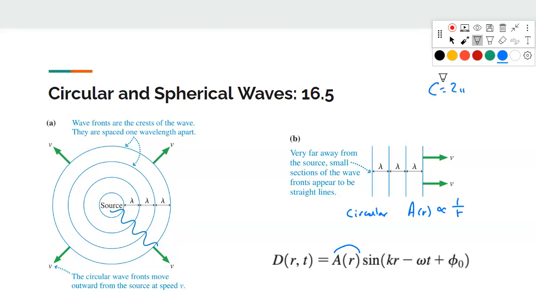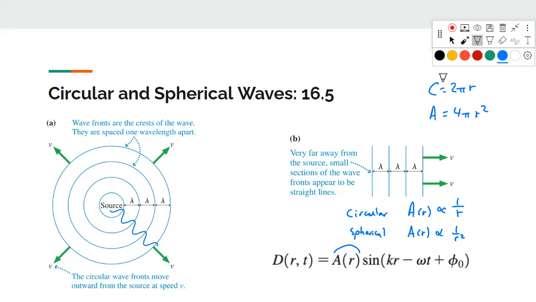And so the energy has to spread out over that circumference, bigger and bigger circles as the wave spreads out. And so you'll lose energy that way. Whereas for a spherical wave, like sound waves generally are, our A of r is proportional to 1 over r squared, because the area of a sphere, like I said, is 4 pi r squared.